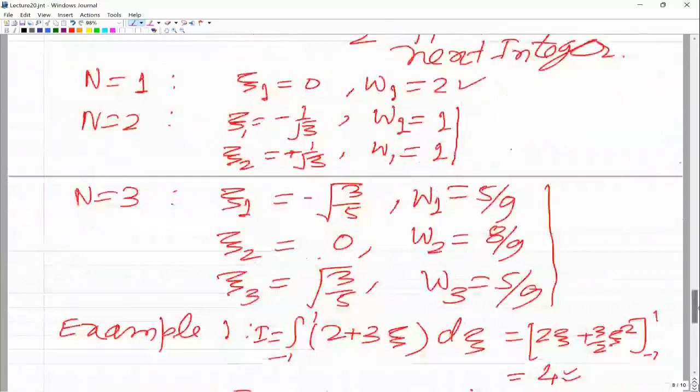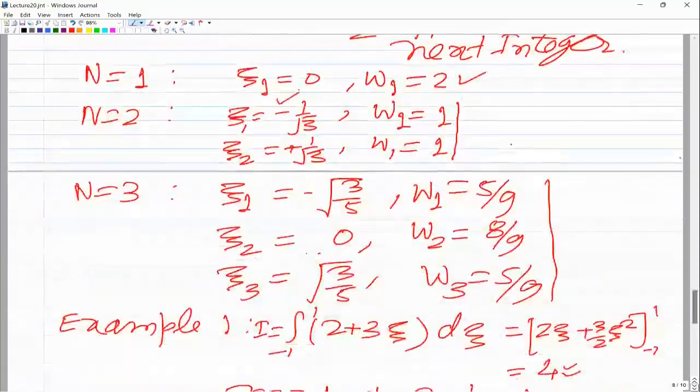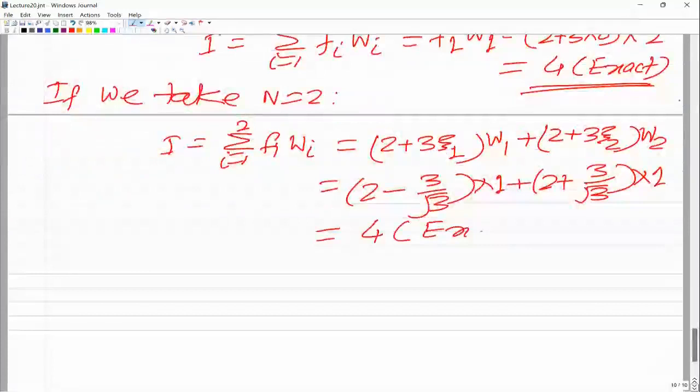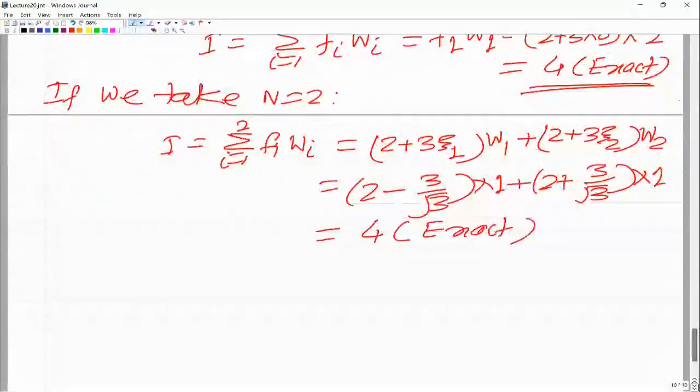For 2 point integration, xi1 is minus 1 upon root 3, xi2 is plus 1 upon root 3, w1 is 1, and w2 is also 1. If you sum this, again you get 4. What it means is that if you use more points than the minimum required, you still get the exact value of the integral.